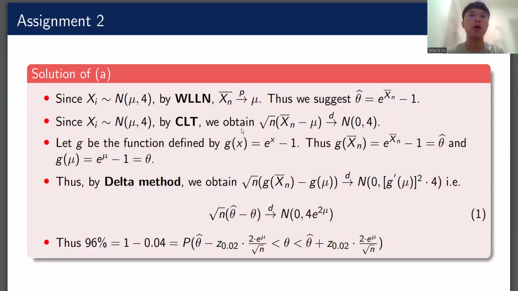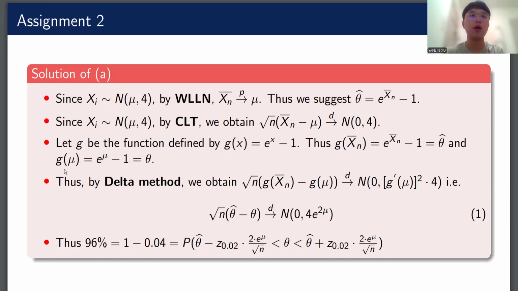This is really good because it's a function of the sample mean, and the sample mean, by the central limit theorem, converges in distribution to a normal distribution. So if we let a function g(x) be equal to e to the power x minus 1, then g of sample mean is equal to e to the power sample mean minus 1. It's just the estimator we suggest.